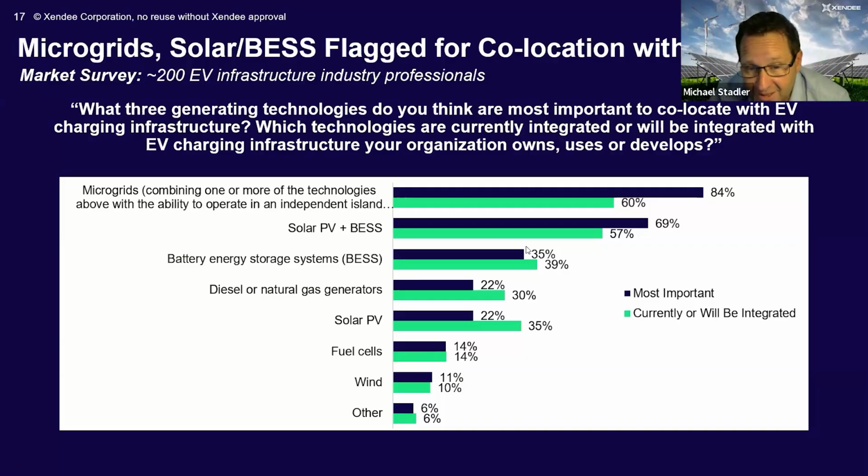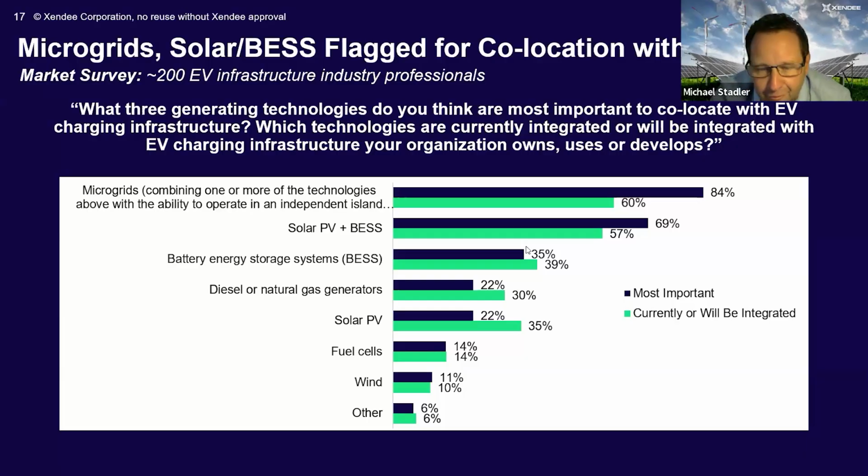The same is actually even more true for gas generators. We notice from our clients, we work with some of the largest clients in that space, that they actually dislike the idea of installing natural gas generators or diesel to charge the electric fleet, trucks. But they have to do it because there's no way around this. This is why 30% of them are installing these generators, but only 22% think that they should do this.